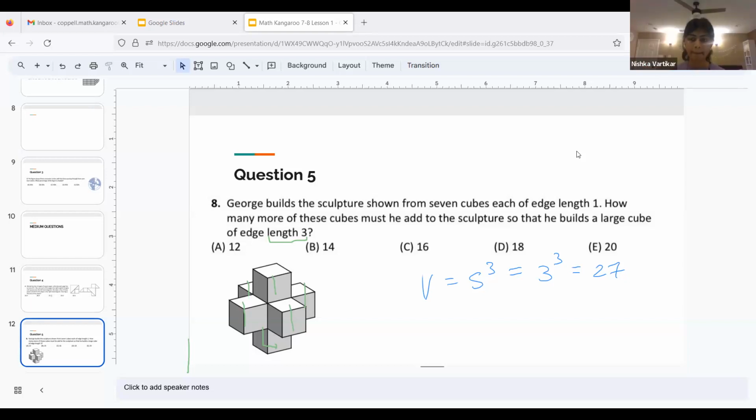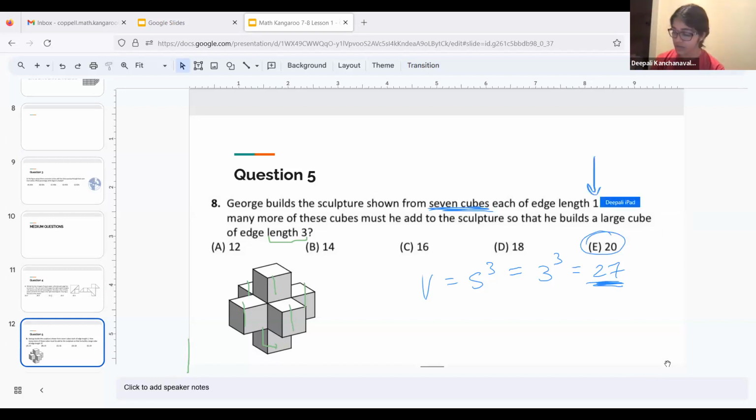So how many more do we need? So this is where we want to be, and this is where we're at. 20 more. Yeah, exactly.